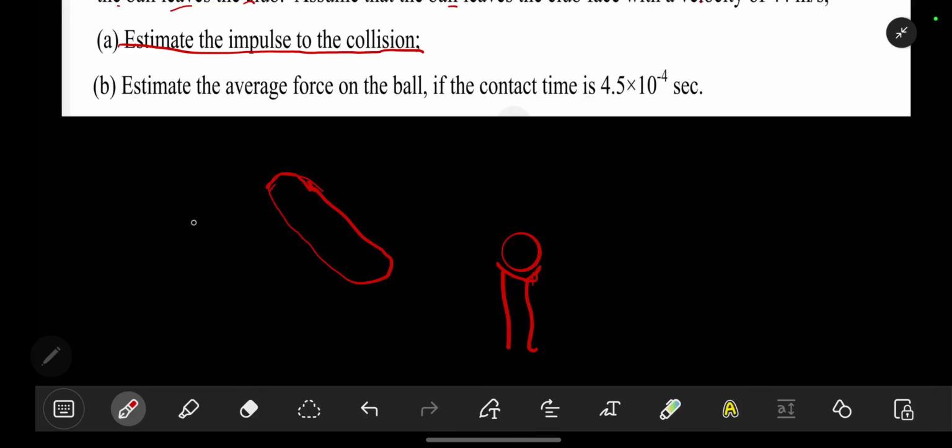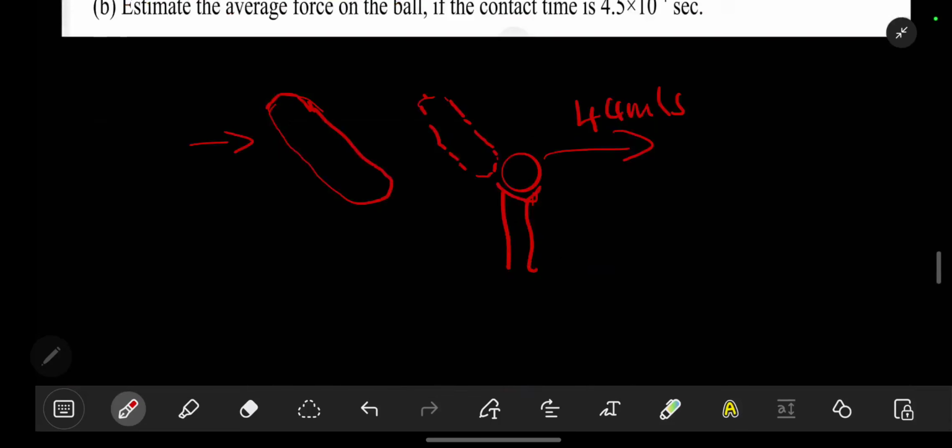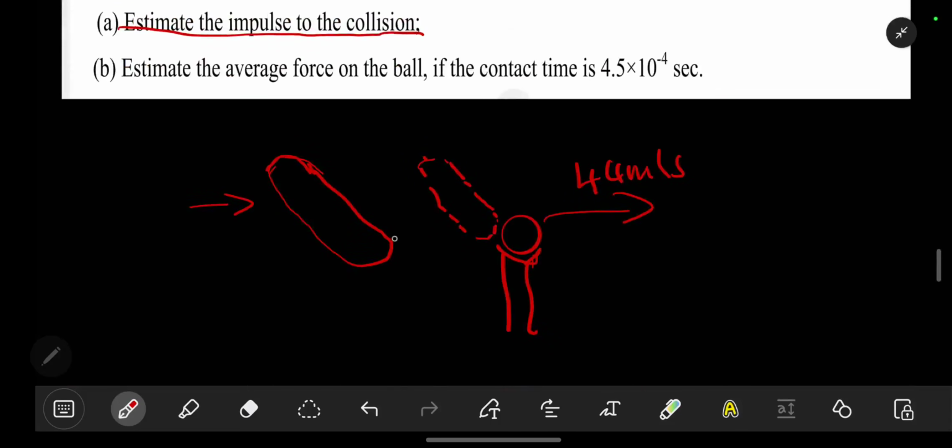As someone moves it, it gains velocity. Then when it strikes the ball, the ball gains a velocity of 44 meters per second, according to what we are told. So initially, when it is just here, it has no momentum, and the ball has no momentum. Therefore, the initial momentum is 0.